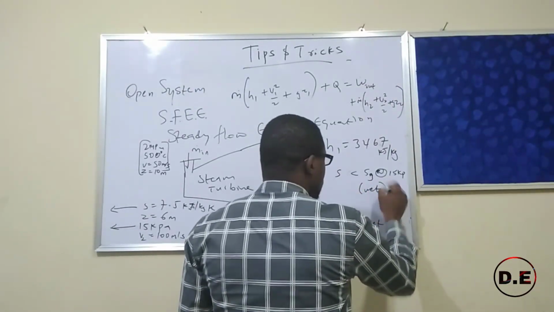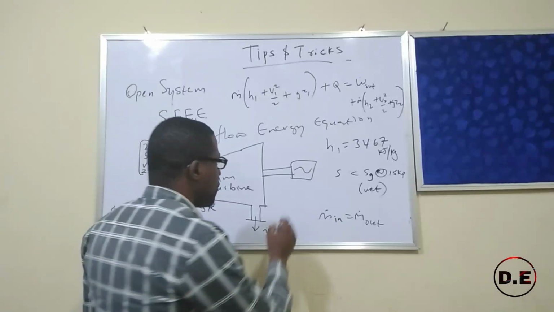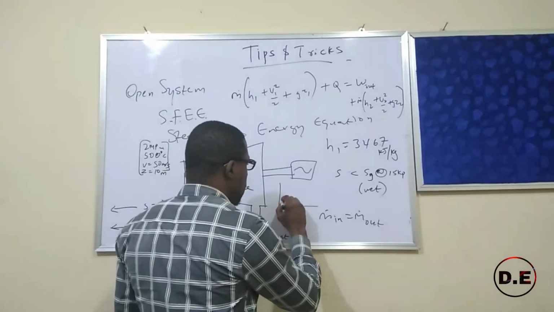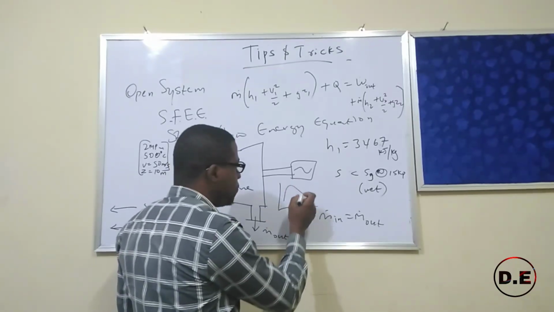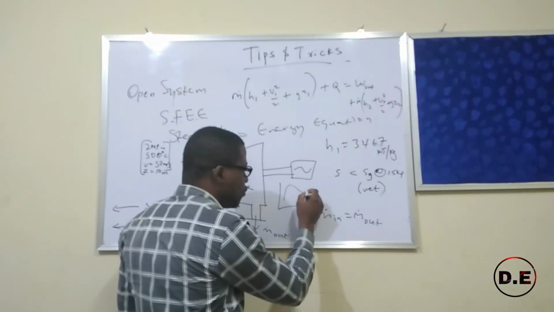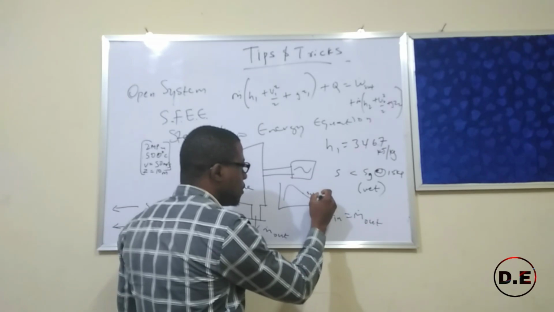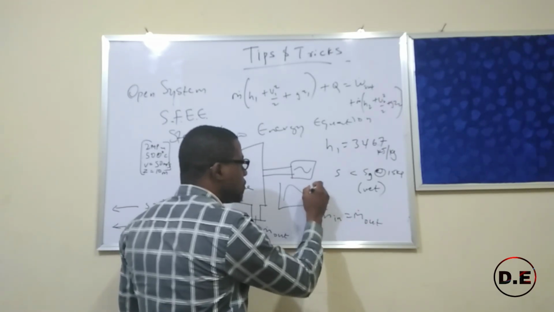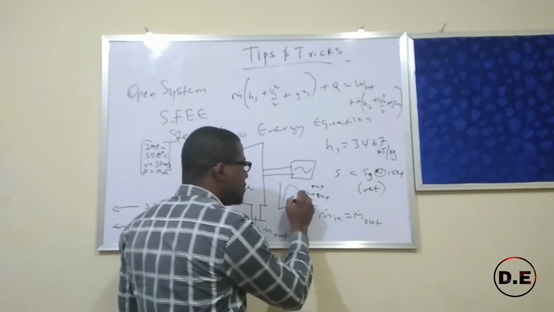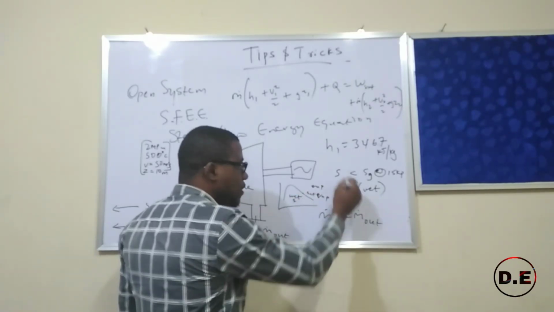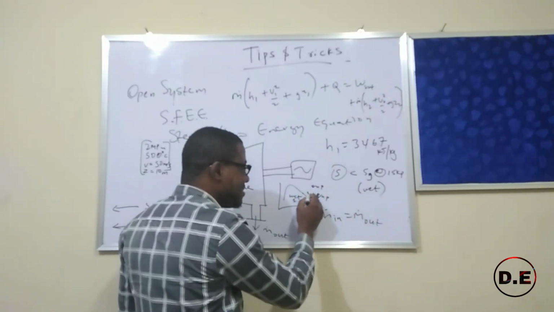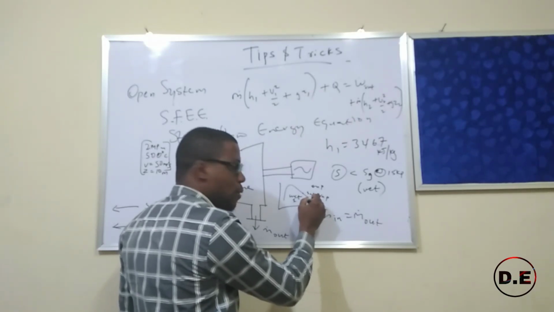Wet steam. That shouldn't be a worry, because we remember the saturation dome for steam. You remember that at this point, this is saturated liquid, this is saturated vapor, this is superheat, and this is wet.